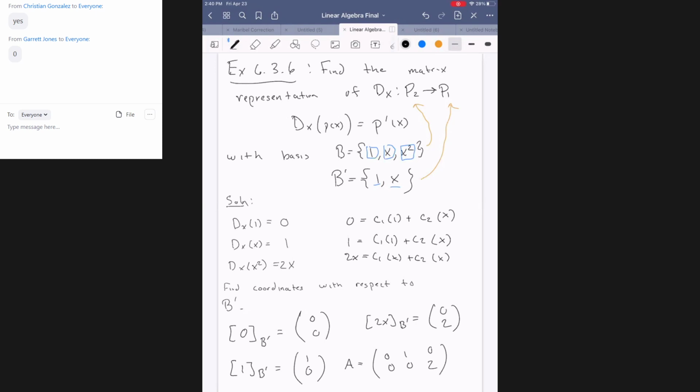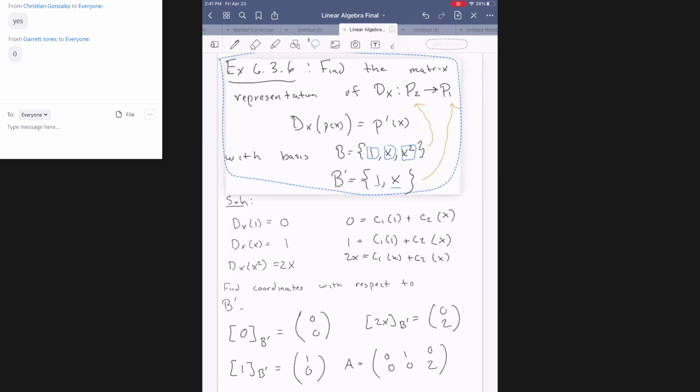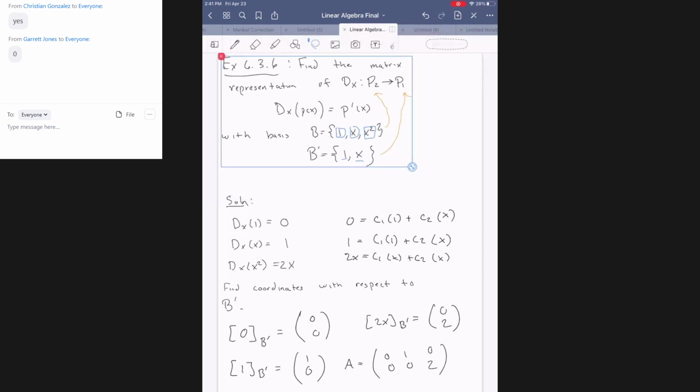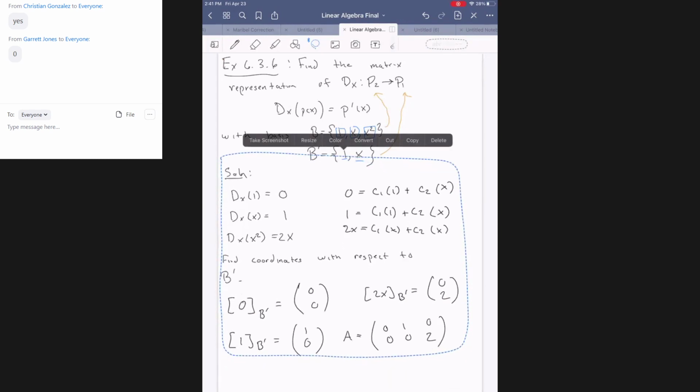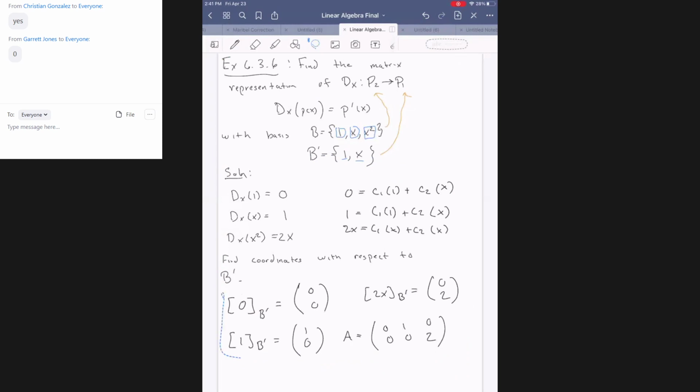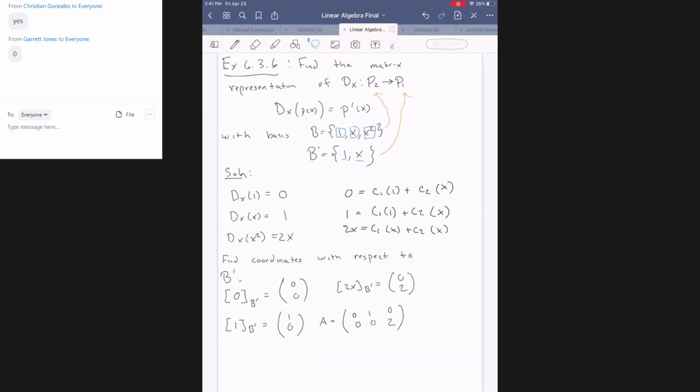Okay, so now I told you that if you apply this matrix to a polynomial, it's going to take the derivative. And how is it going to do it? Well, just watch.